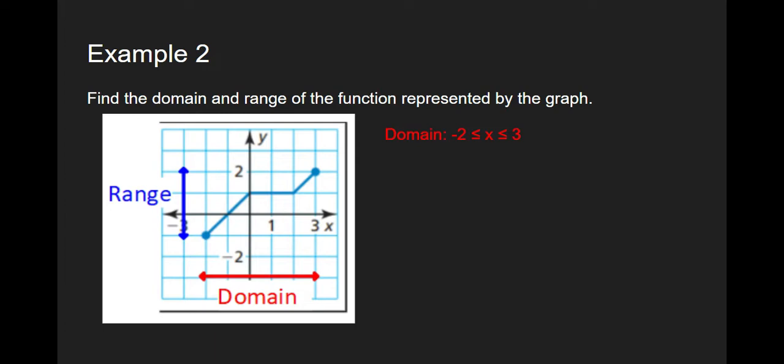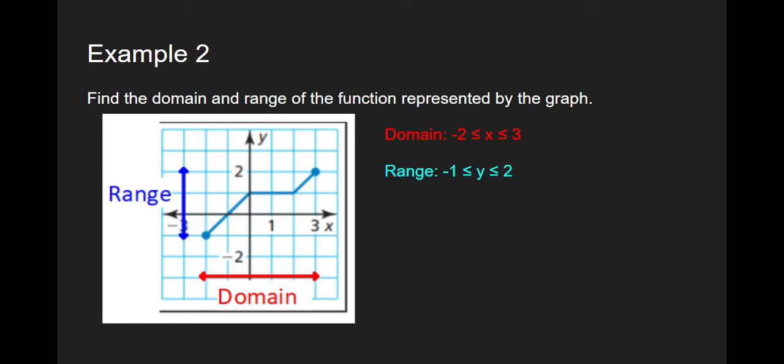So for my range, I want to look and see what's my smallest y value, or what's the farthest down our graph goes, and then what's our largest y value, or what's the farthest up our graph goes on the y-axis.